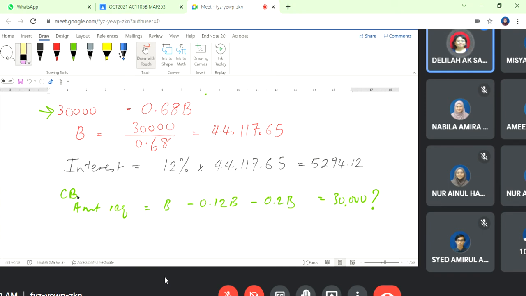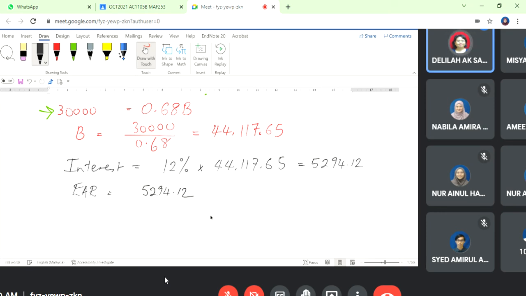Okay, a step to check whether what you have calculated up there is correct. But if you're then confident enough that everything is correctly calculated, we can then proceed to calculate the effective rate of borrowing, okay, which is the interest, 5294.12, divided by this amount, okay, the amount received, sorry, 30,000 here.